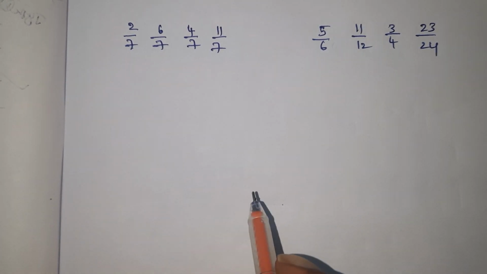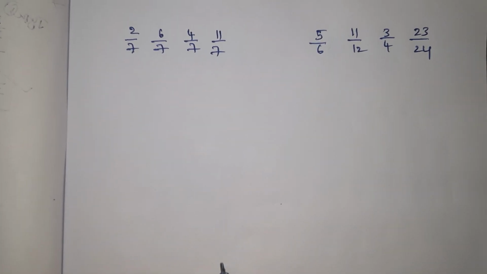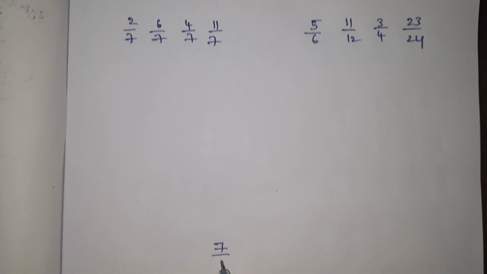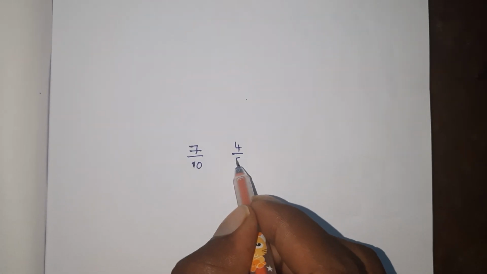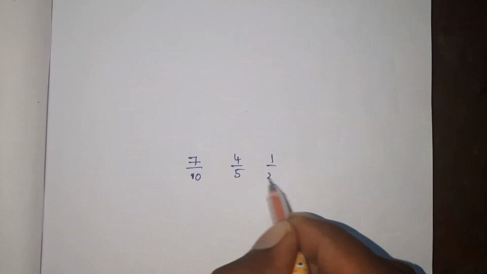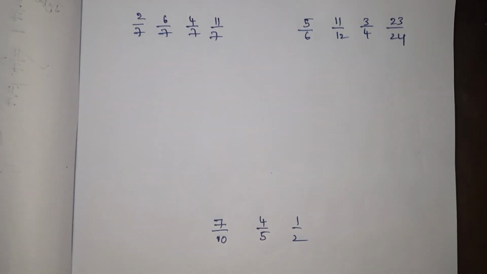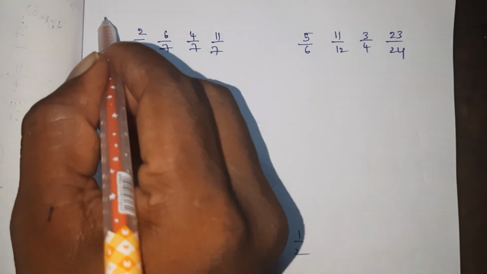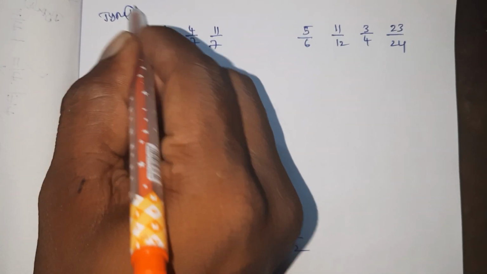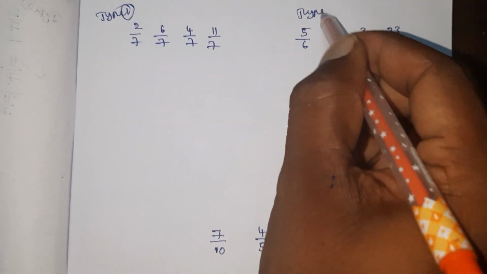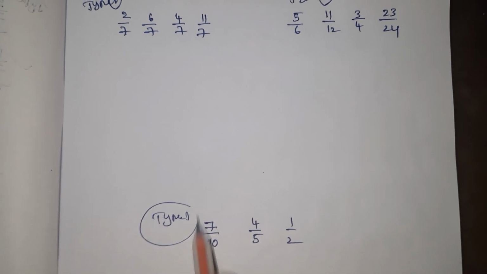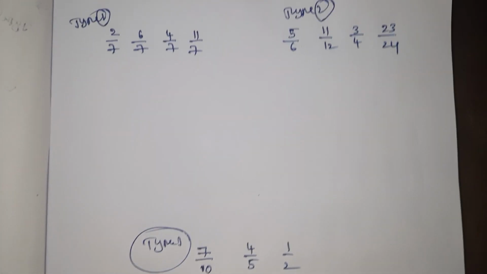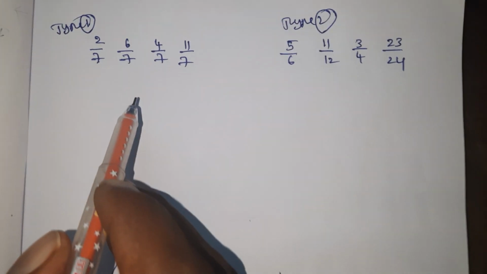Okay, and one more model is there, 7 by 10, 4 by 5, 1 by 2. Okay, here three types of models are there. So this is type 1, this is type 2, and this is type 3. Three types of models. Okay, so let's see the first type of model.